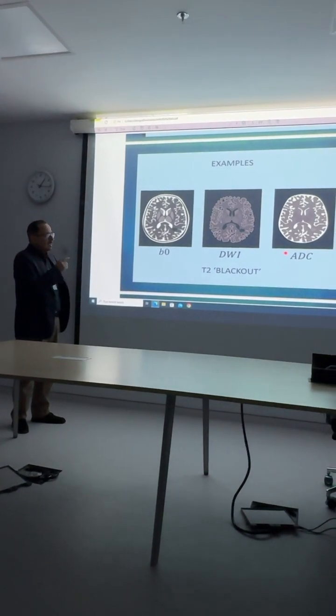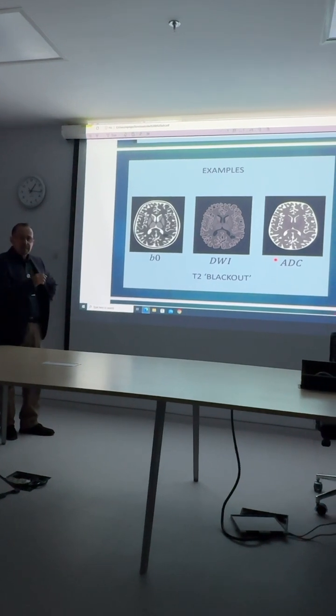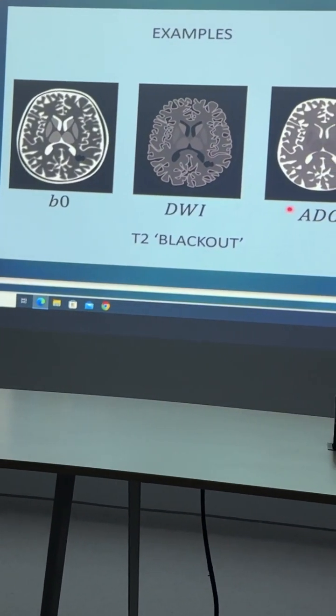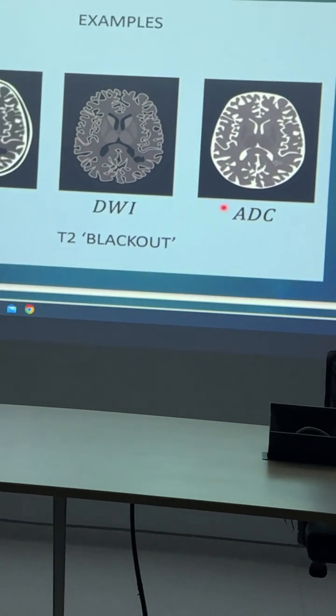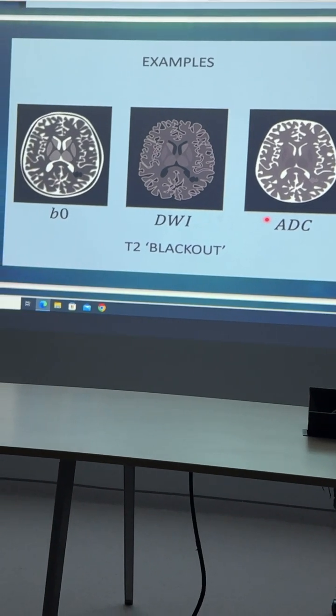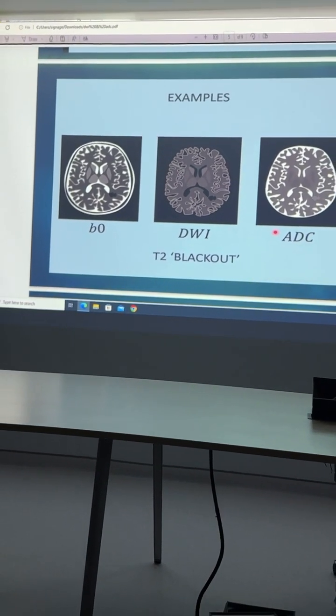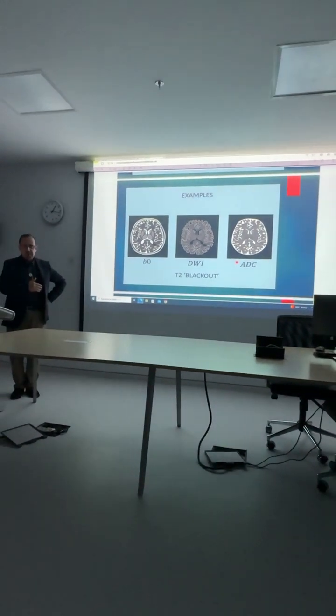At the same time, it appears as intermediate signal on the ADC. This case is explained by a lesion with markedly short T2 relaxation or decay, called T2 blackout or reversed shine-through, and no restricted diffusion is happening in this case.